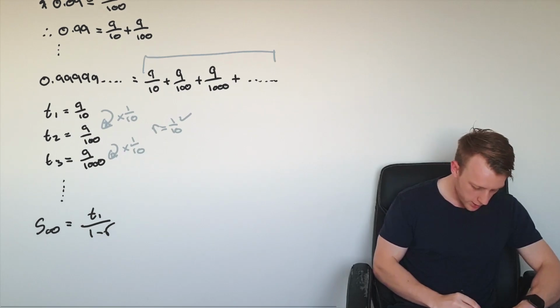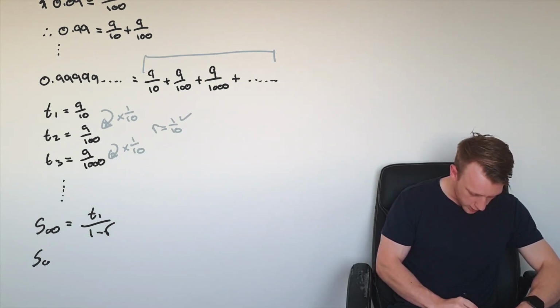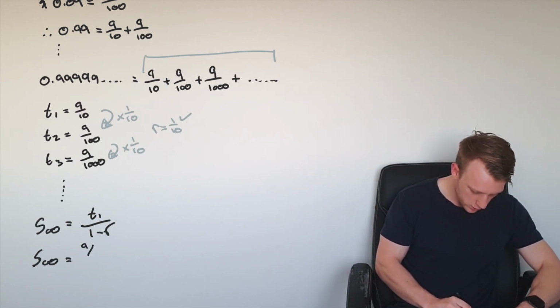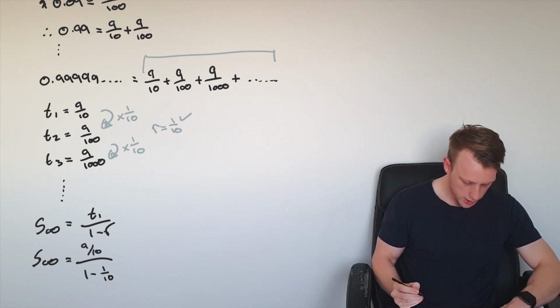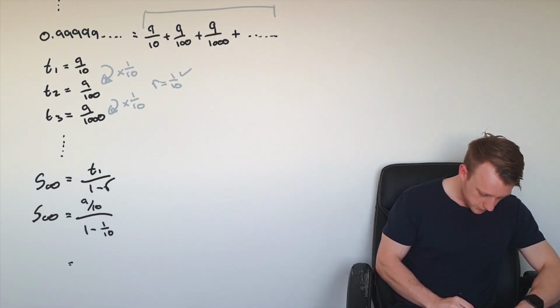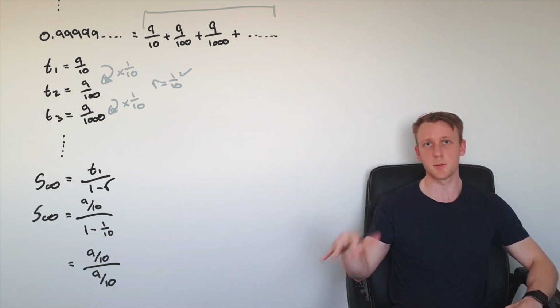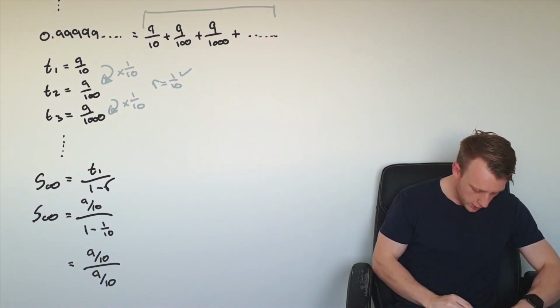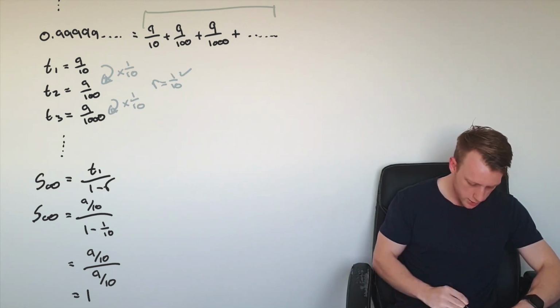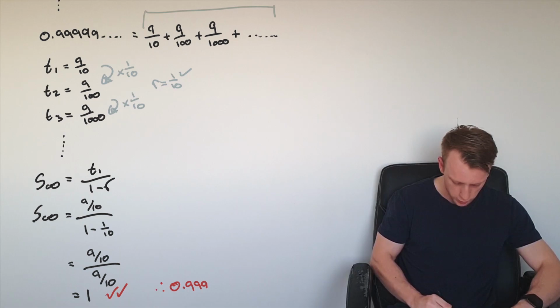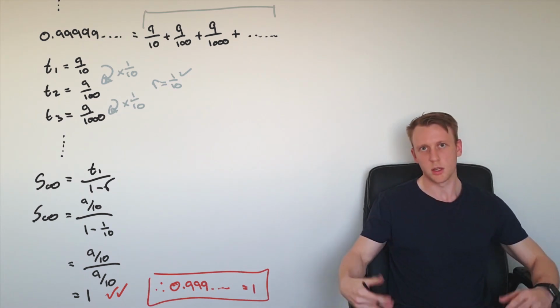So we can plug it in. All right, the sum to infinity for this geometric sequence, the first term was 9/10 divided by 1 minus the ratio, which was 1/10. So you get 9/10 divided by 9/10, and something divided by itself is equal to 1. So then you make the deduction, therefore 0.9999 recurring infinitely is equal to 1. Kind of nice.